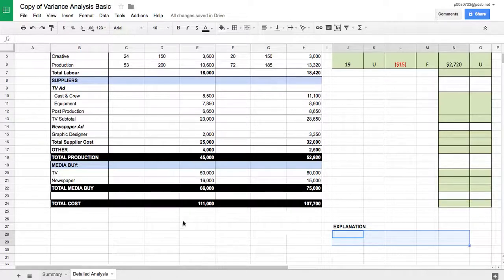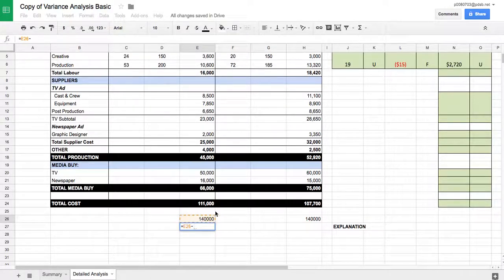If our costs go down and we said before that we were charging the client 140,000, simply this minus this, that's what our profit would be. These costs are a little bit different than the front page, but that's irrelevant.